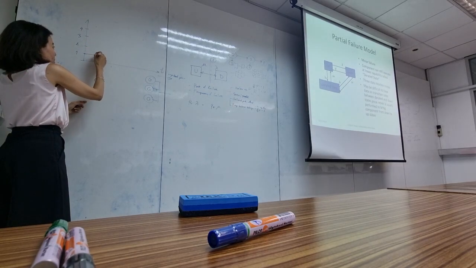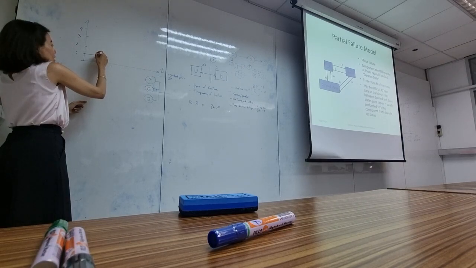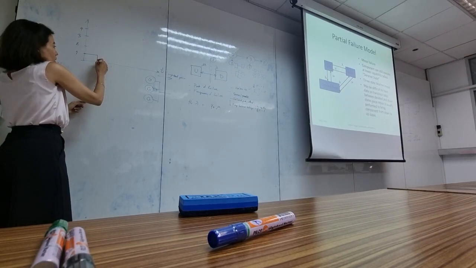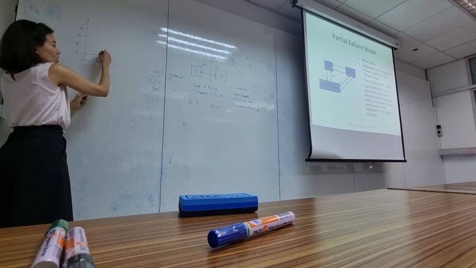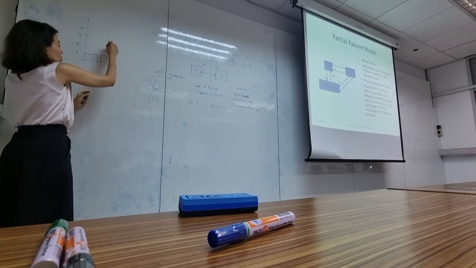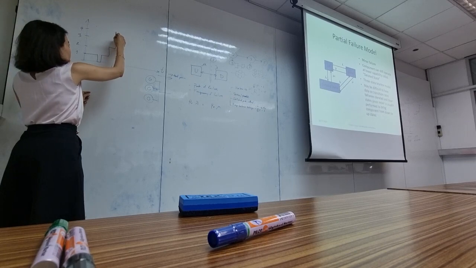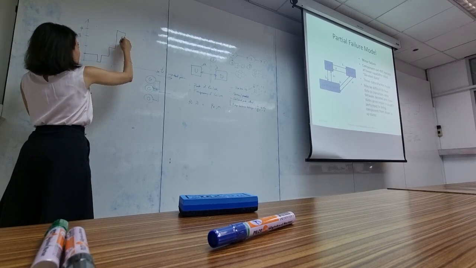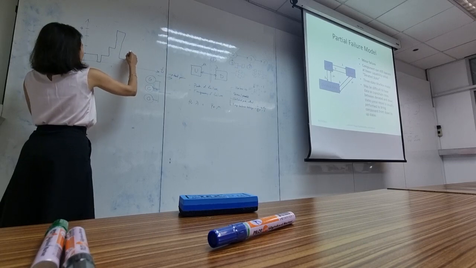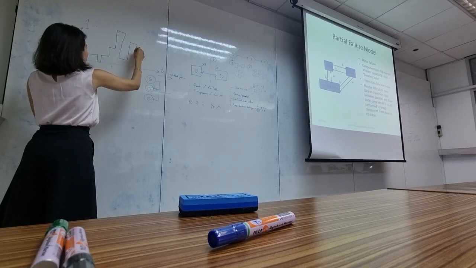You look at the time it spends in state 1, and then see if it fails, how long it takes to fix, and then does it come back to state 1, or it goes to state 2, 3, or maybe from 2 to 4, and then from 4 to 1, and then from 1 to 3, and then 3 to 2.